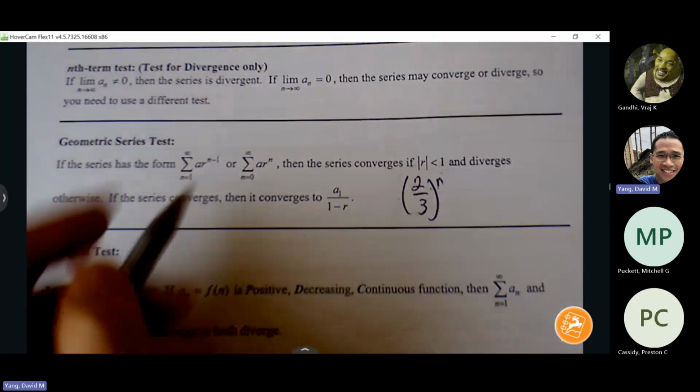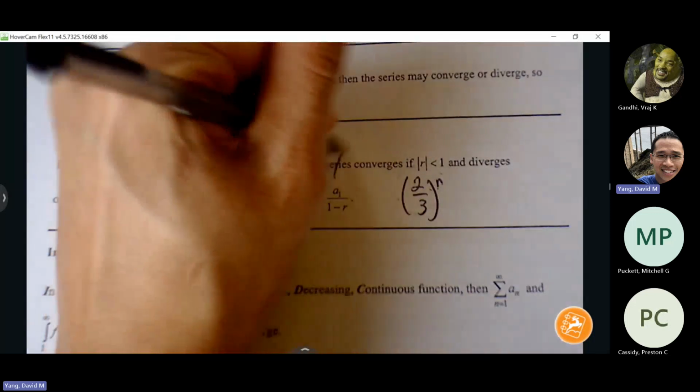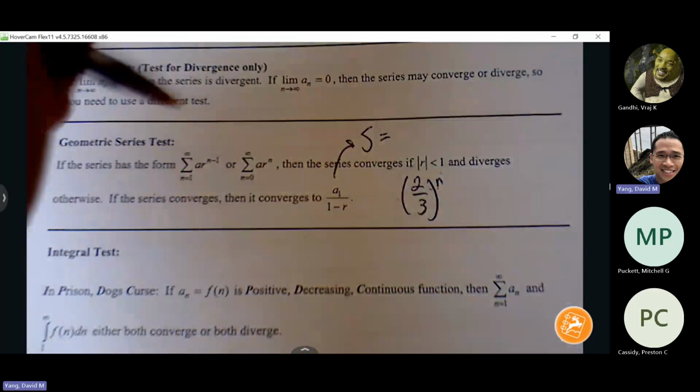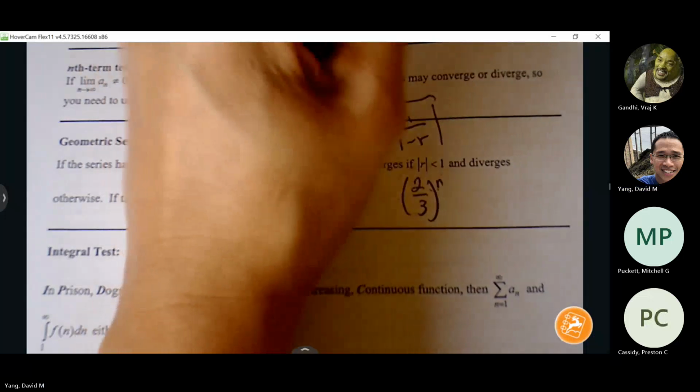And also, geometric series is the only one where I'm going to ask you what the sum is. So the sum of a converging geometric series is just going to be a sub 1 over 1 minus r.